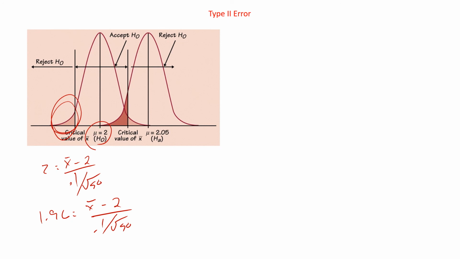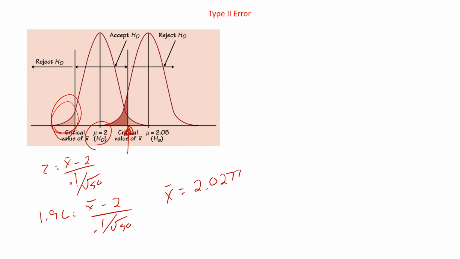So you do a couple little mathing deals, and we get that x bar here is going to equal 2.0277. So that is going to be this critical value of x bar that we're talking about, because anything above that, we would reject the null hypothesis. Anything below that, we would accept the null hypothesis.